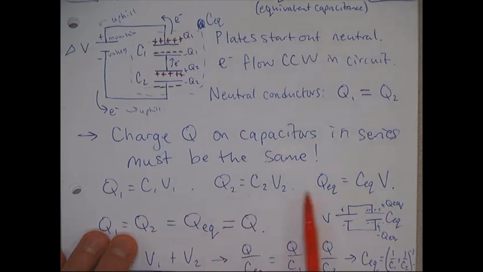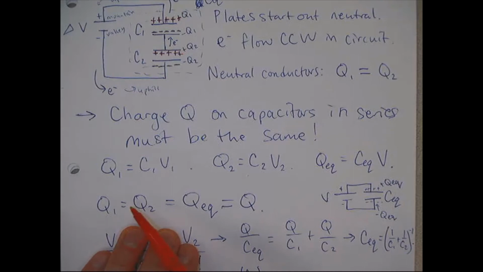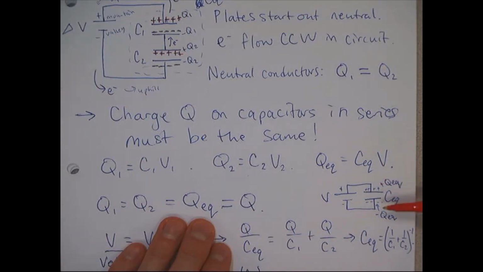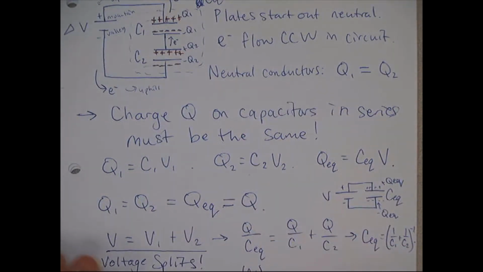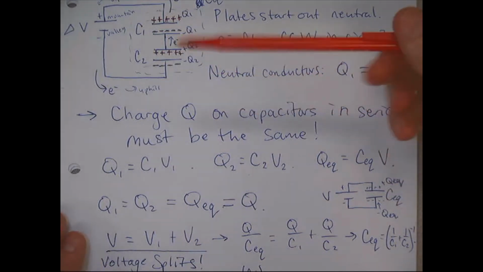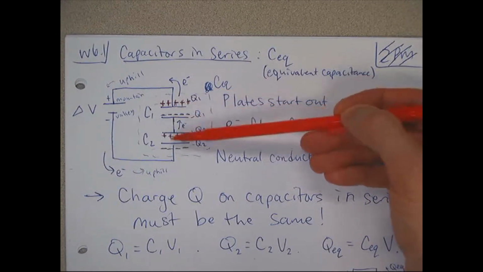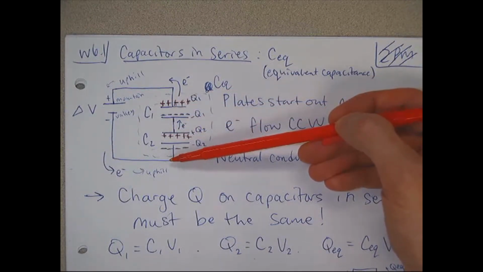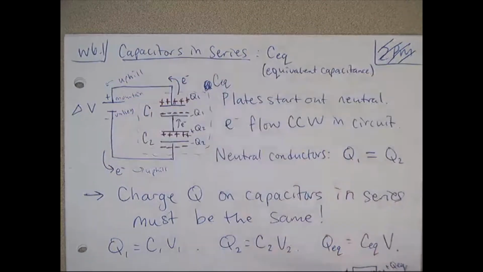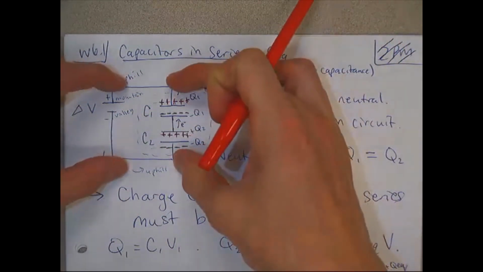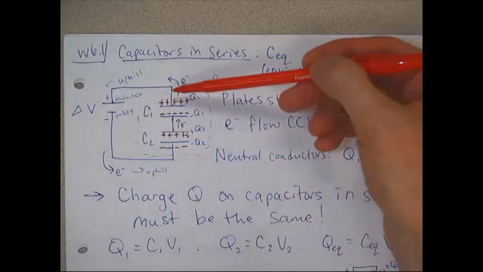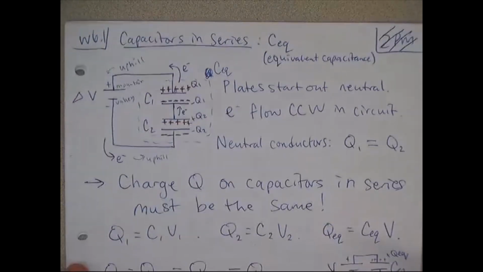Applying our Q equals CV relationship once again, and the fact that all Q's must be the same, equating that to the Q that would build up on our equivalent capacitor, we'll just set that equal to Q. In this situation, the voltage drop across capacitor 1 and capacitor 2 must add up to the voltage drop across the battery. Right? They're connected by wires. This voltage drop must equal that voltage drop.